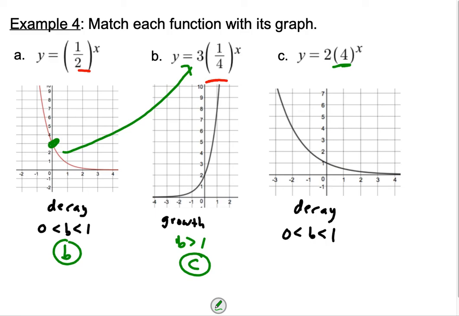Okay, and now look at the other one here, the other decay graph there. The y-intercept there is 1. It's not written in front of this other one here. Whoops, I'll move it over. One more time. Let's try that.